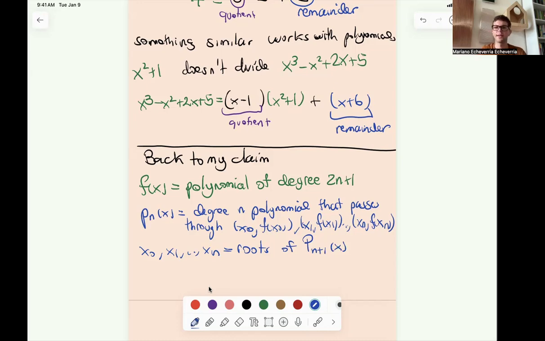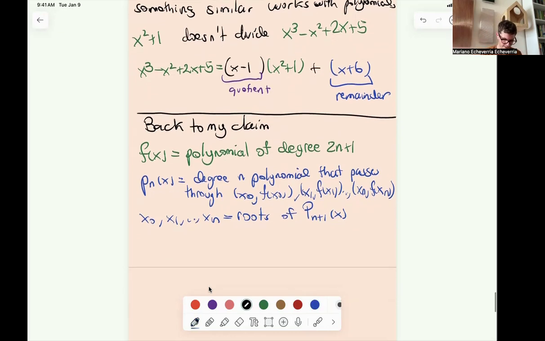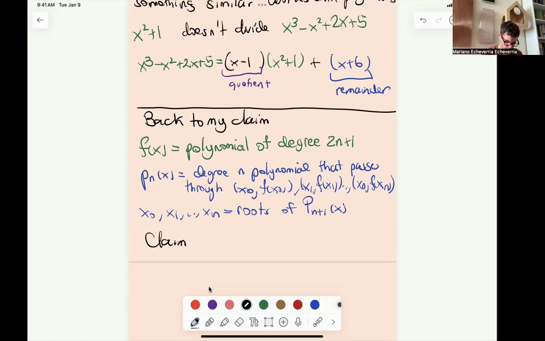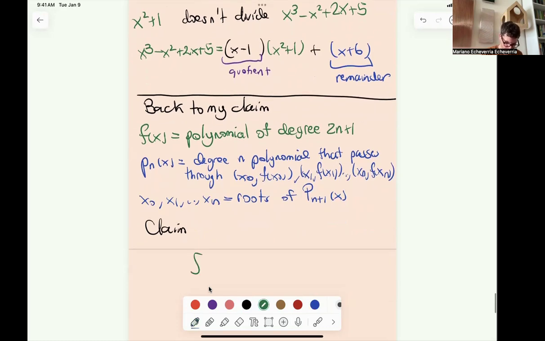Okay, so my claim is that if you were to integrate this polynomial f from -1 to 1, that gives you the same value as the integral of the approximating polynomial. So my claim is that the integral from -1 to 1 of f of x dx is the same as what you would get from the integral from -1 to 1 of Pn of x dx.